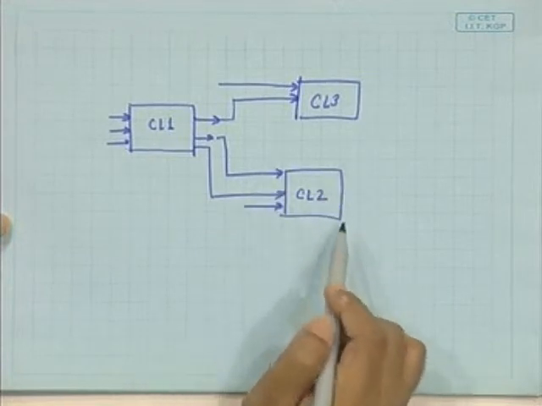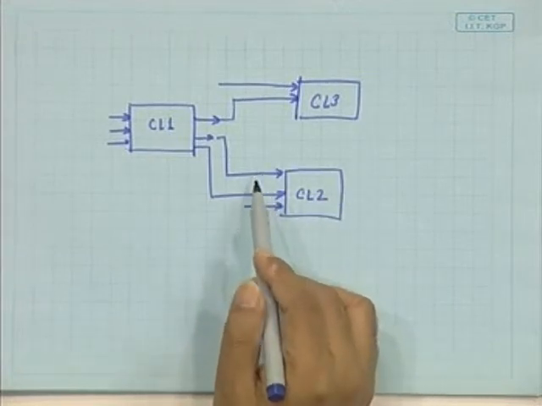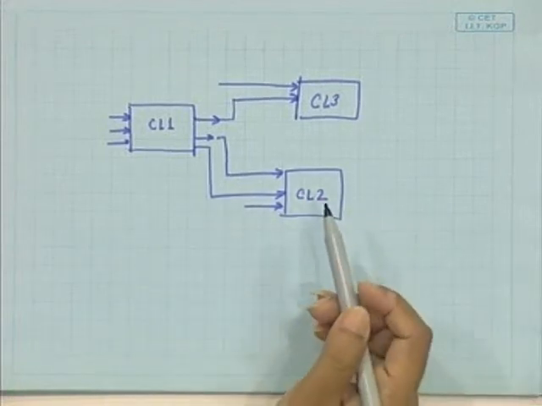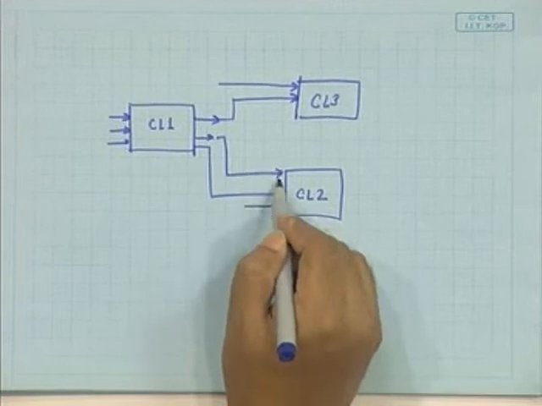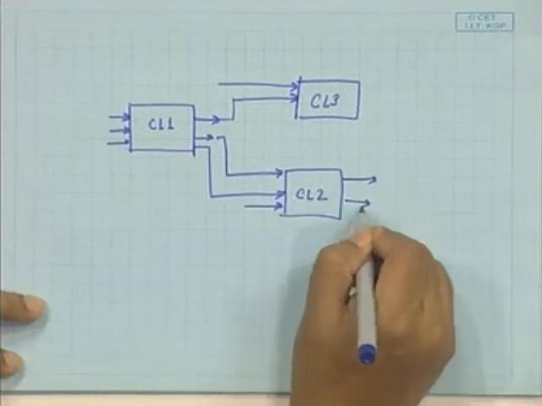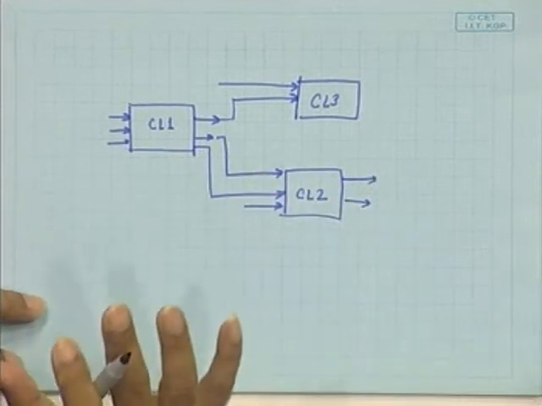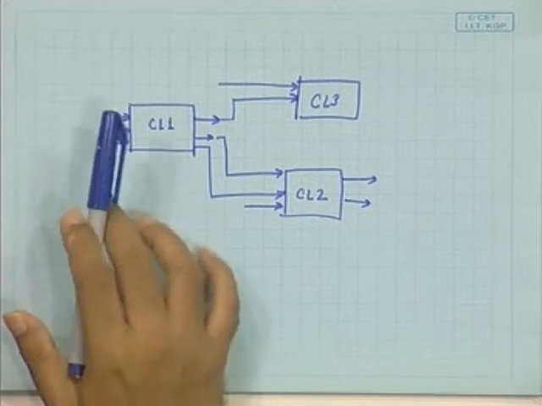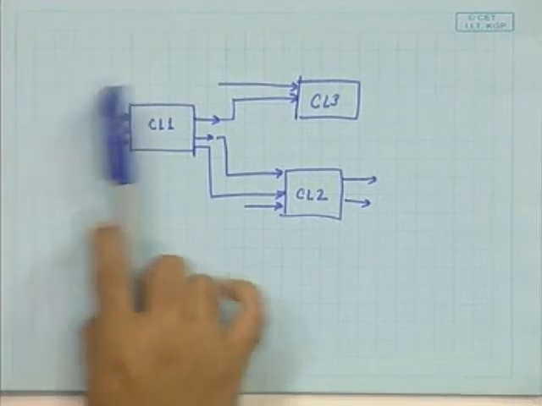If none of the outputs of CL2 is changing, then by following the event driven paradigm, we do not simulate CL2 at all. But if we find that one of the inputs of CL2 is changing, then we simulate the whole of CL2, treating it as one black box, right. So, that is what we mean by compiled event driven simulators, right, and this works really well.